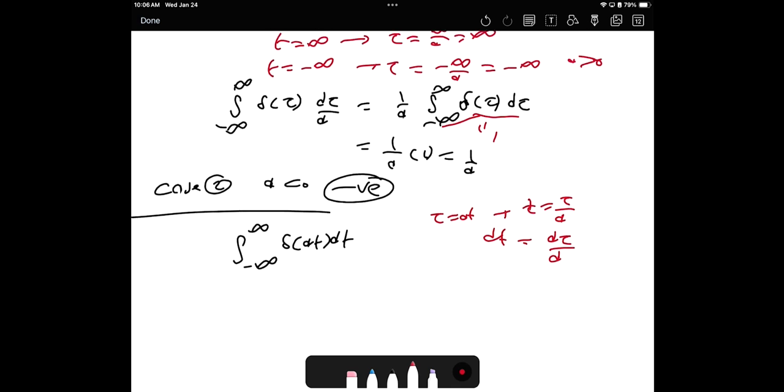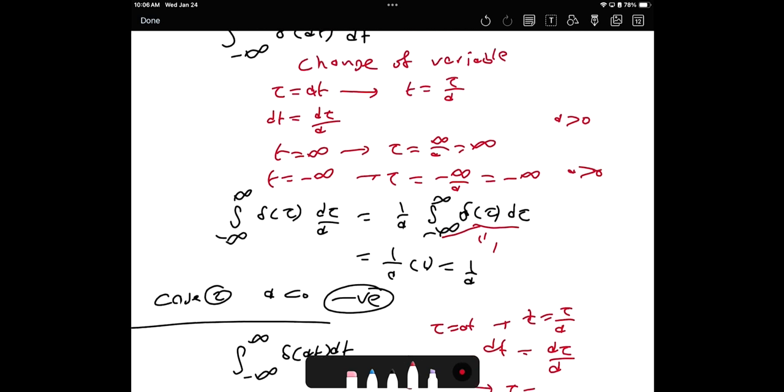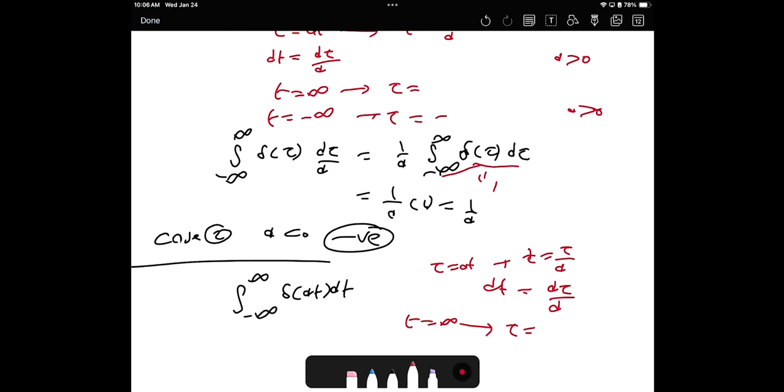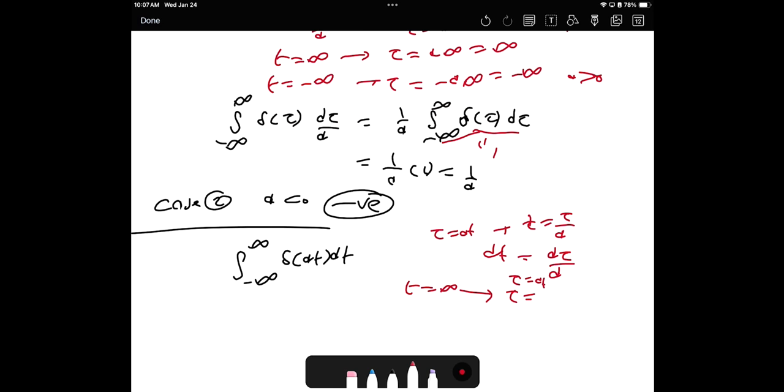But the thing that changes is the limits of the integral, which is when t equals infinity, what will happen to tau? By the limits of the integral, tau equals at. So I'm just going to do a correction here. I apologize. Please make this correction because we know tau equals at, so it will be a times infinity.